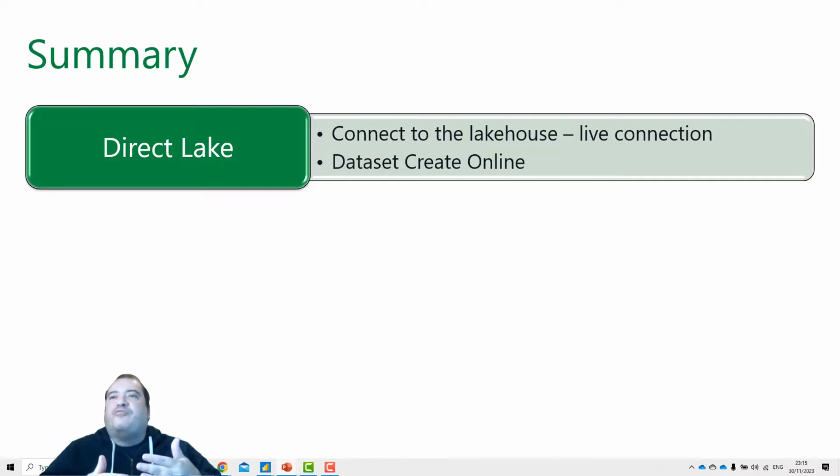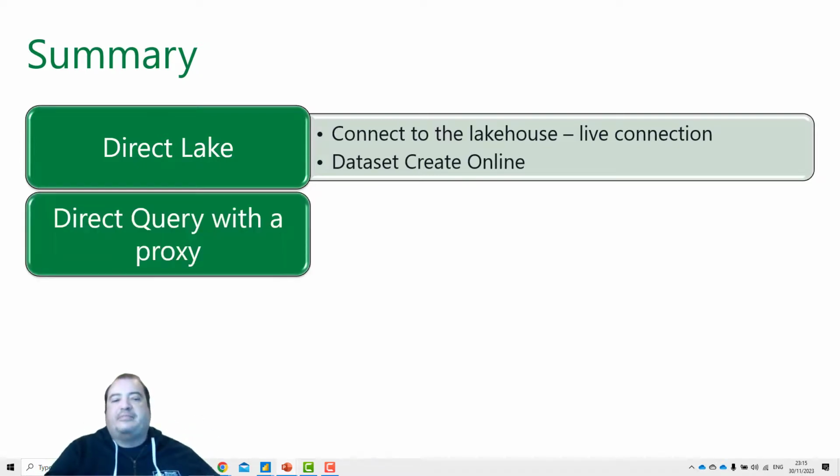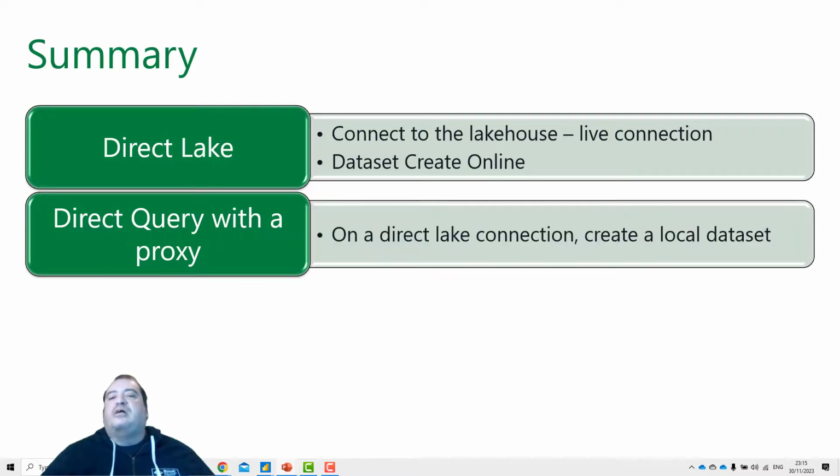On a live connection, I will also be using DirectLake. DirectQuery with a proxy. On a DirectLake connection, we choose to create a local dataset to create a composite model. In this case, we'll be using DirectQuery with a proxy. We will have one dataset making a direct query to another dataset which connects with DirectLake.